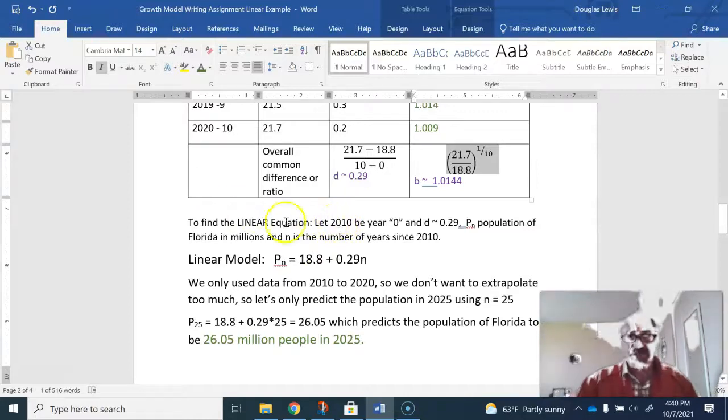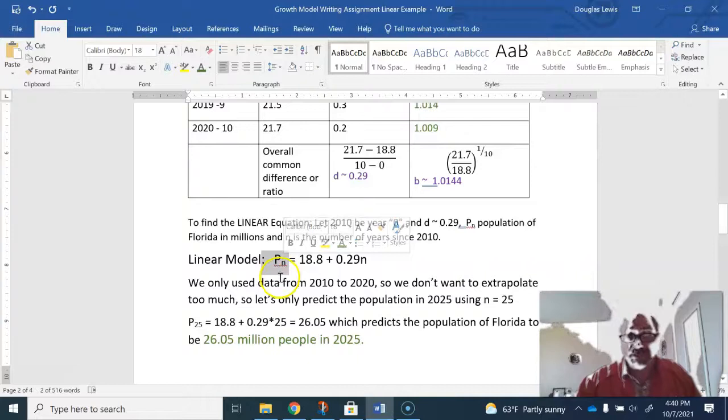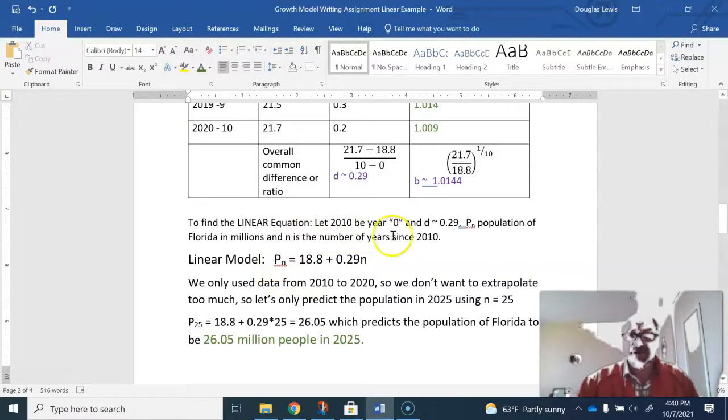Notice it says in here, and you should do this, let year 2010 be 0, which I did in my data also, and D is 0.29, and P sub N is the population of Florida in millions. Notice I defined what this P sub N means. I don't just write an equation without telling you what that is. And then N is the number of years since 2010. It tells you what everything stands for.